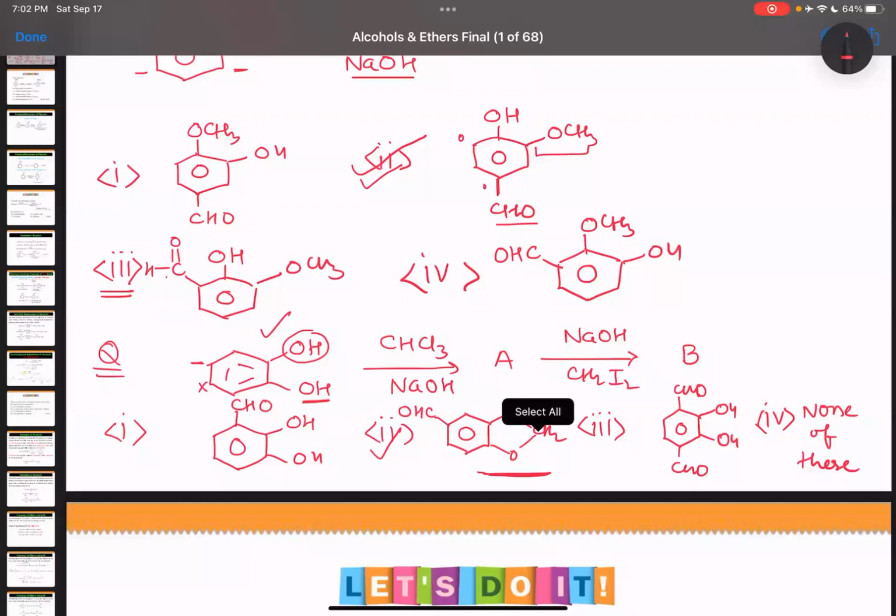But how did you get this side of the ring? Actually, what will happen is, in the basic medium, the two OH groups are going to get abstracted and it will become O minus and O minus, right? And what have you taken along with it in the second step? You have taken CH2I2.